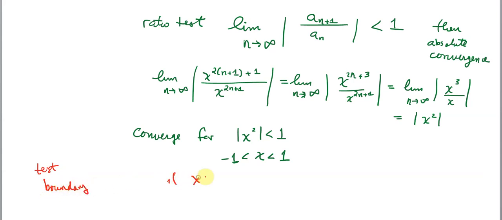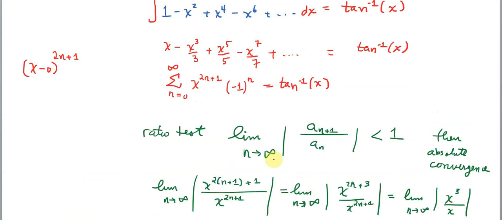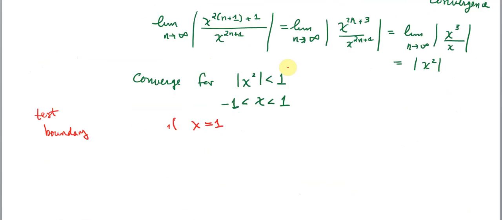If x is equal to 1, let's see what series we get here. Well, if x is equal to 1, you plug 1 into here, you get 1 minus 1/3 plus 1/5 minus 1/7, plus 1/9, and so on.